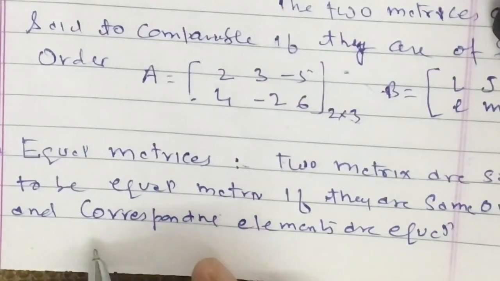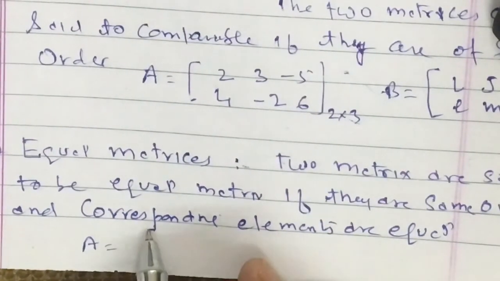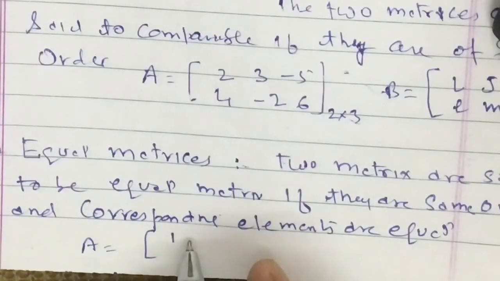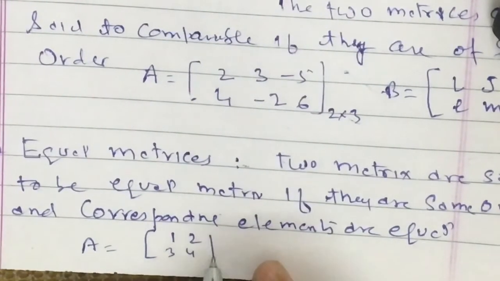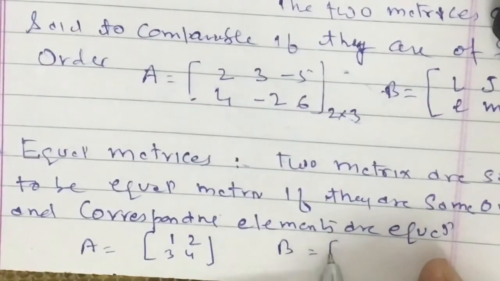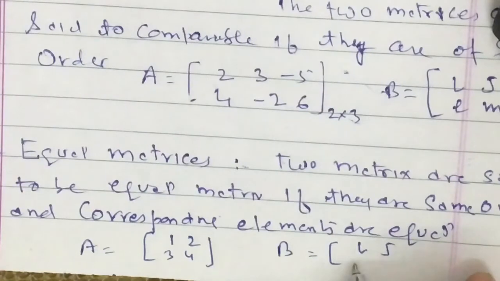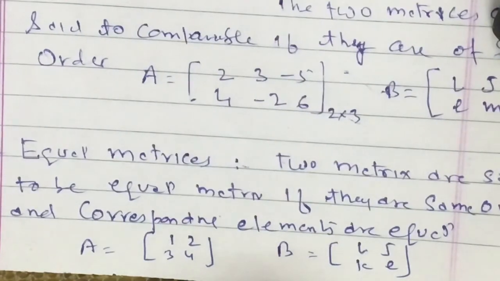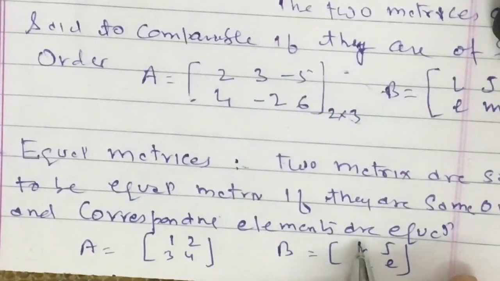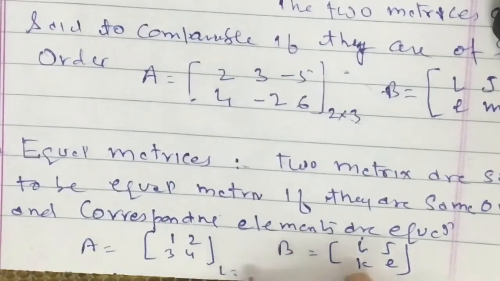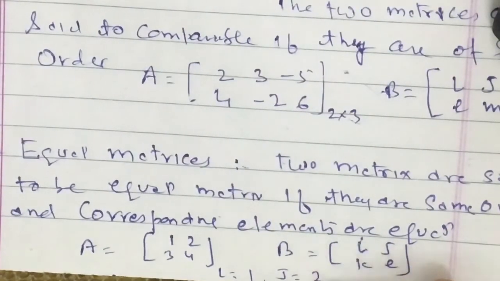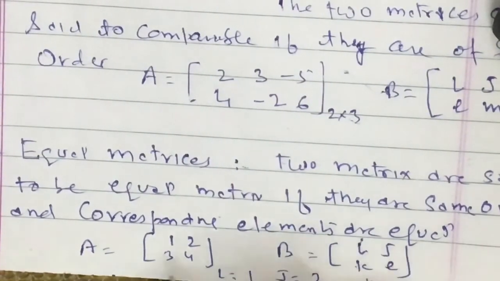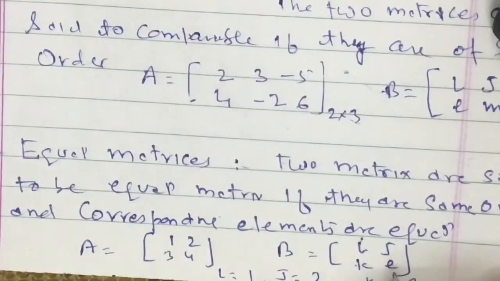For example, let us suppose A is a matrix whose elements are 1, 2, 3, 4, and B is a matrix I, J, K and L. So here I is equal to 1, J is equal to 2, K is equal to 3 and L is equal to 4.